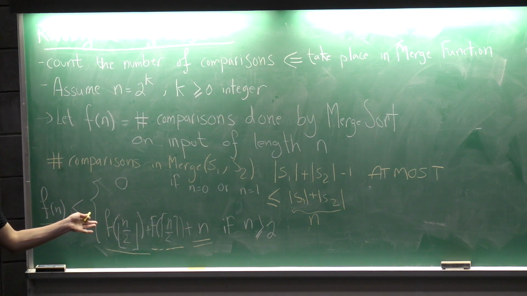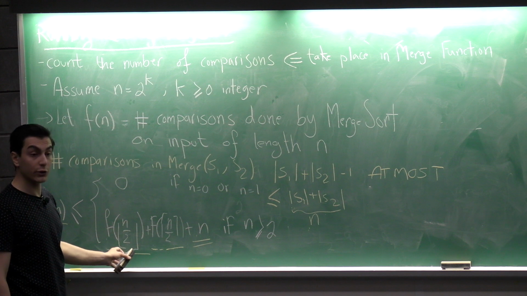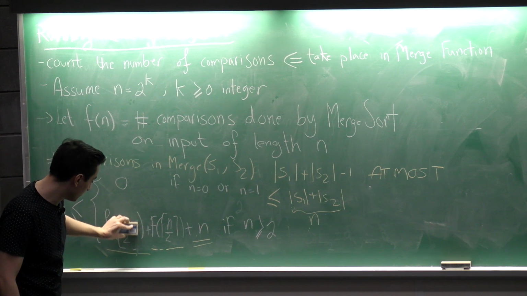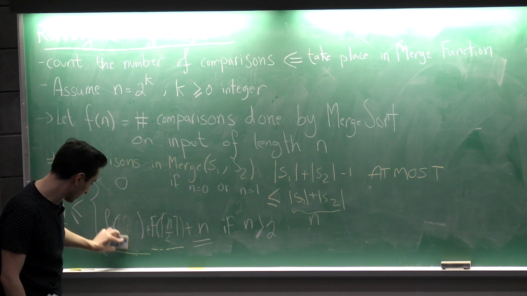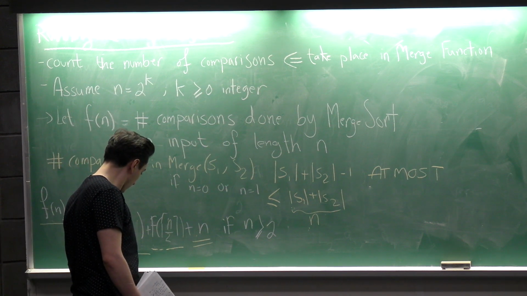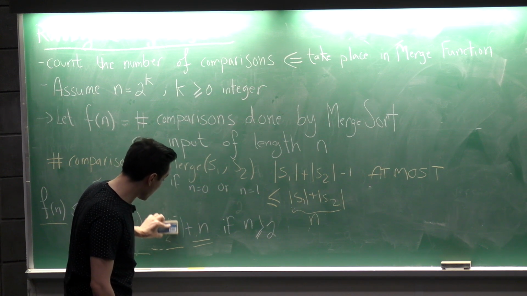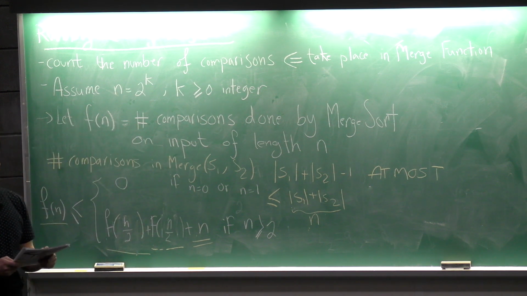Is this clear? But we made this assumption, right? So let's make use of it. Which means n over 2 floor is just n over 2. And n over 2 ceiling is just, again, n over 2. Is this clear?